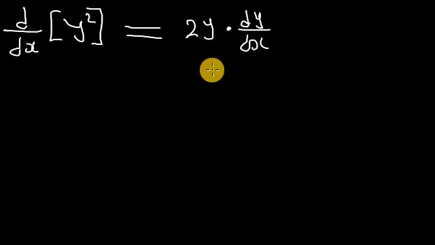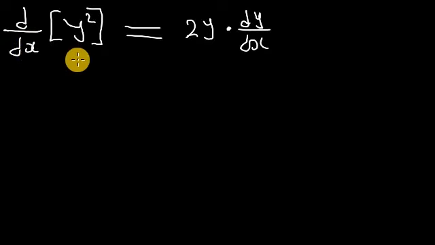Now, the result in this case, using the power rule, will become 2y. But this 2y won't be our final answer, as we are going to multiply it by dy/dx. This is a concept called implicit differentiation, whereby you'll be differentiating a function with respect to something that is not similar to it.